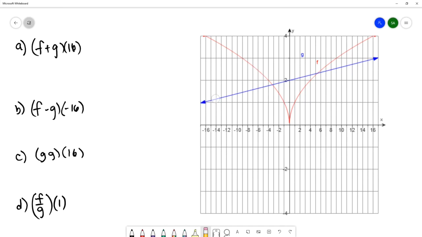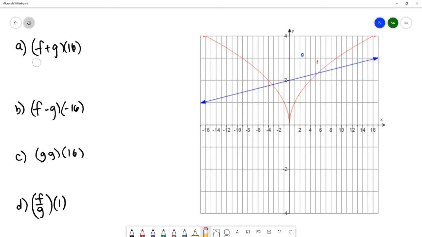In this blue graph, we have a straight line, and that is labeled g. So this curvy one with the cusp is labeled f, and the straight line is labeled g. And on the left here, I have some examples that we're going to work through.